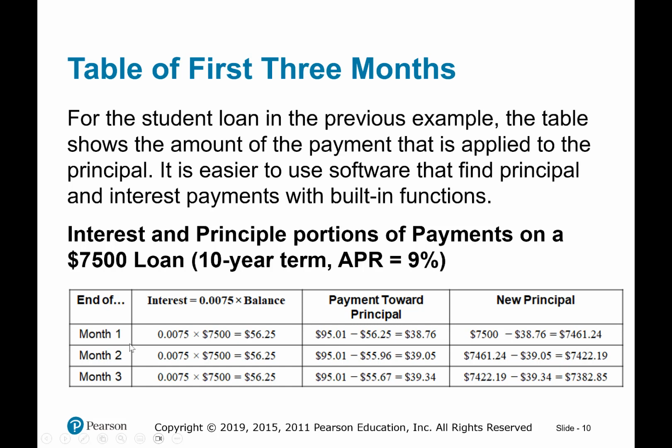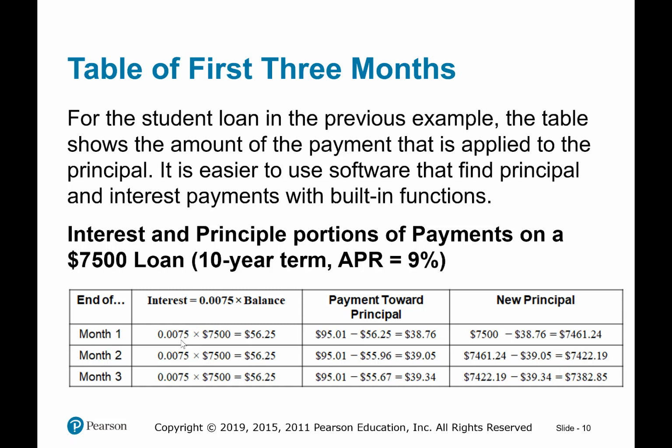Okay, so the first month we take 0.0075. Why 0.0075? Because we're taking monthly payments, so the interest is compounded monthly. So we've got to take the 0.09 and divide by 12. And so we get 0.0075.